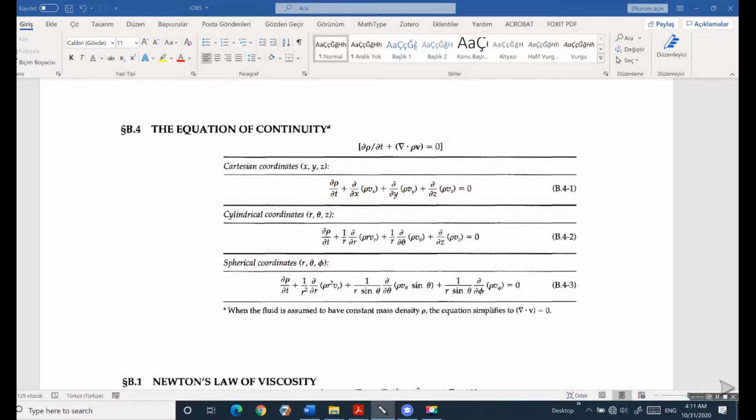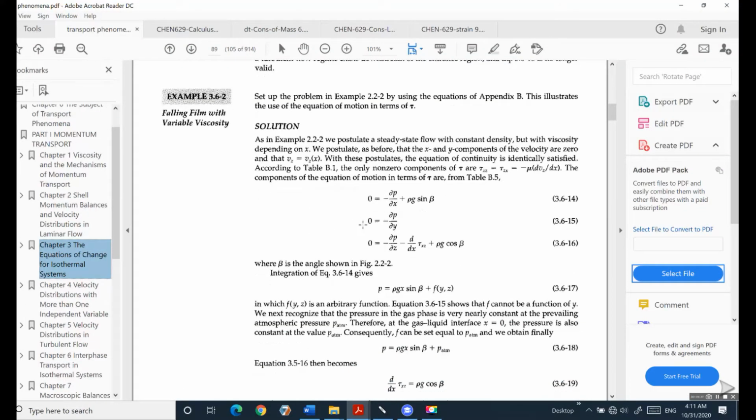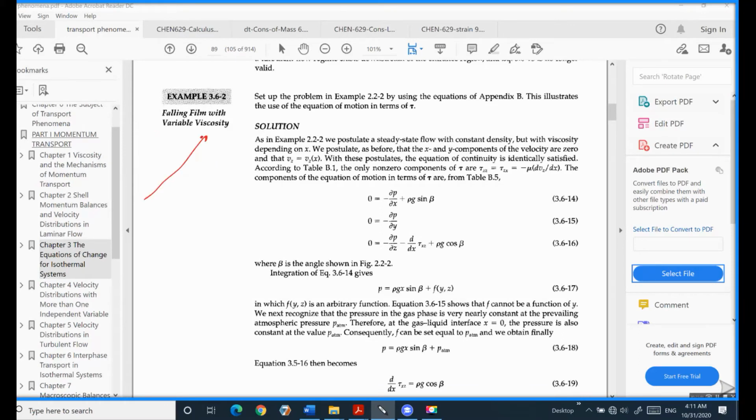Now, if we go to the problem statement, we need to find the x, y, z type of solution of the problem, and we can say our viscous forces in the z direction, perpendicular to x, are going to be equal to the viscous forces in the x direction, perpendicular to the z direction.